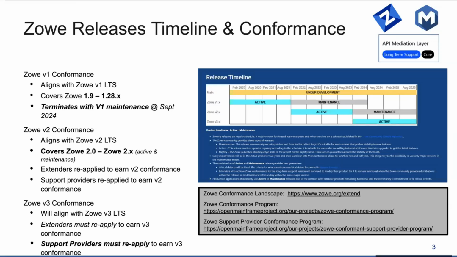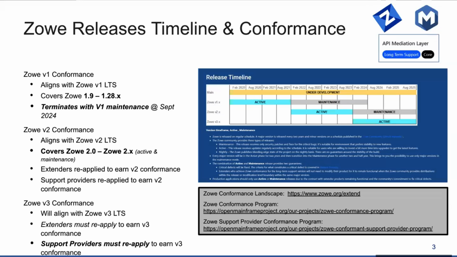Jakob, I might also add that we plan to open up the V3 conformance program early for anyone who wants to pre-apply and be V3 conformant day one. We'll probably look to do that mid to end of February.